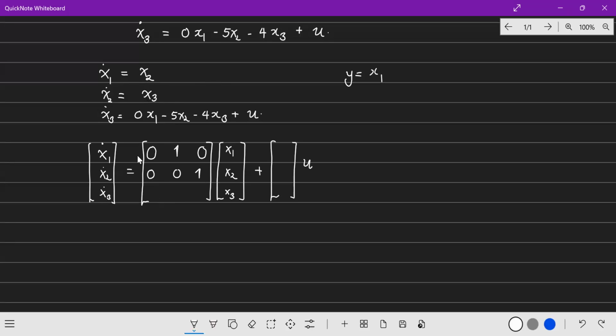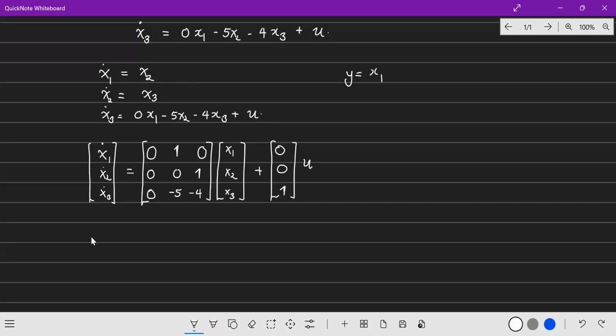And for x3 dot you don't have x1, so the coefficient of x1 is 0, then x2 is -5, and x3 is -4. Of course, for x1 dot there's no u, so u is equal to 0. Even for x2 dot, there's no u there, so it is 0. What about x3 dot? The coefficient of u is simply 1. So that is your state equation.